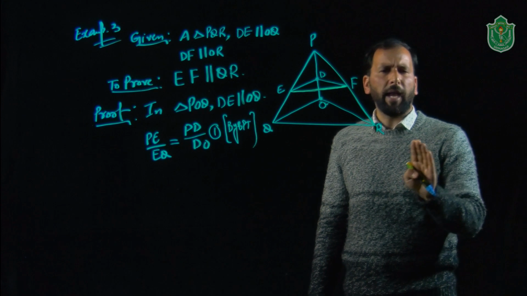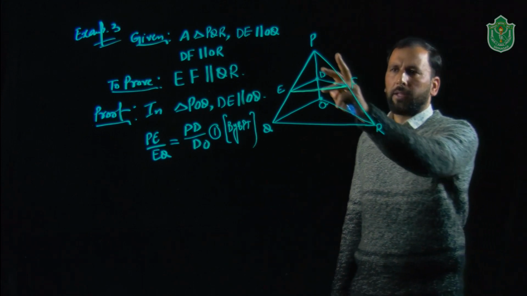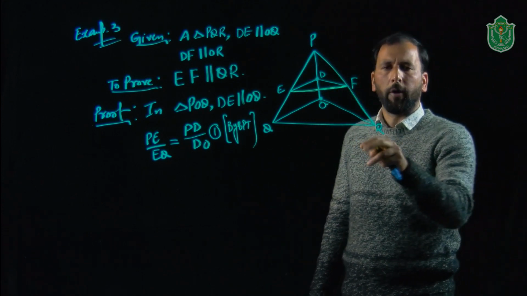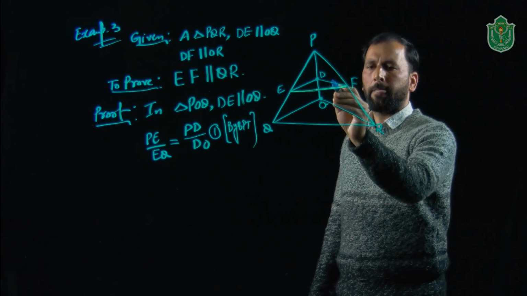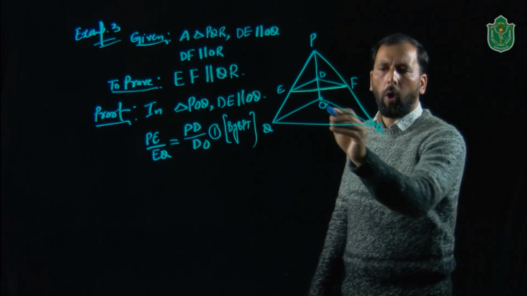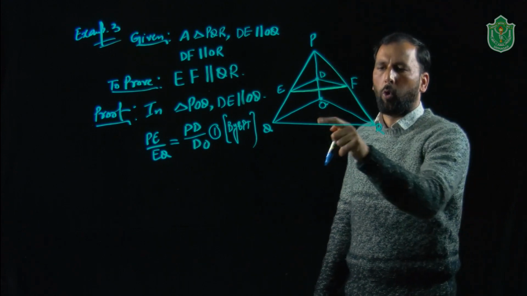Now let us take another triangle, triangle POR. Why do we take this triangle again? Because the line DF is parallel to the side OR of triangle POR.